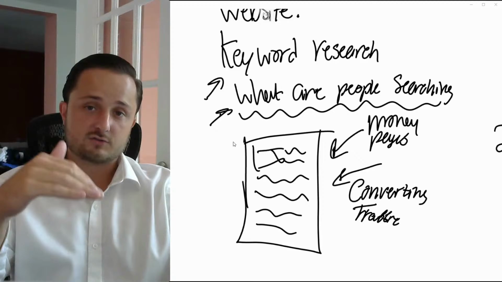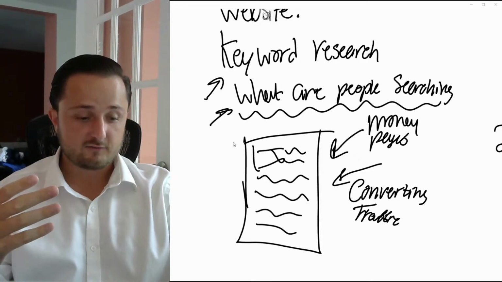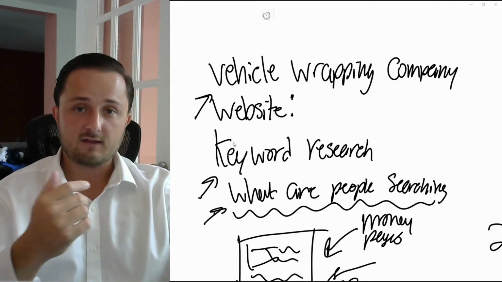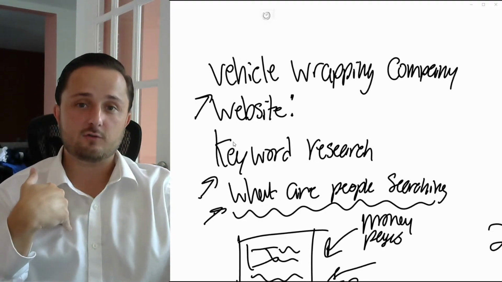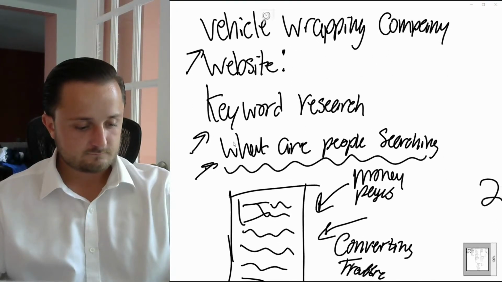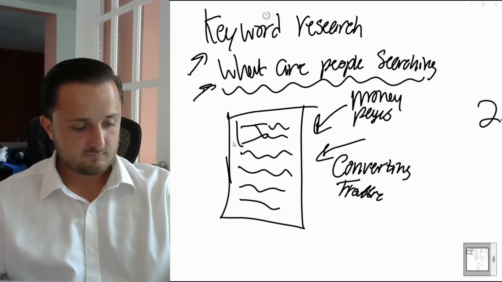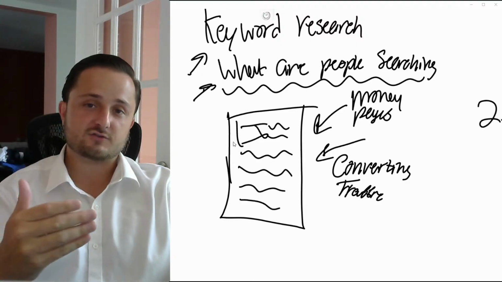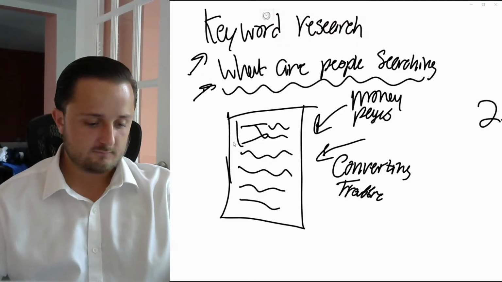So when someone searches for vehicle wrapping company, if that's the keyword they use, I know exactly what I have to do to rank for it. But I first have to know what people are actually searching for in Google.